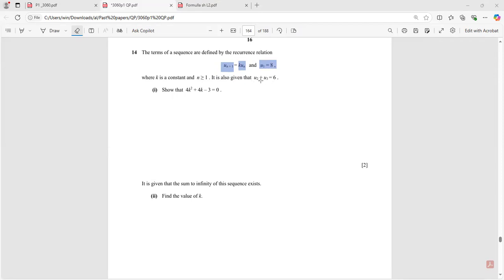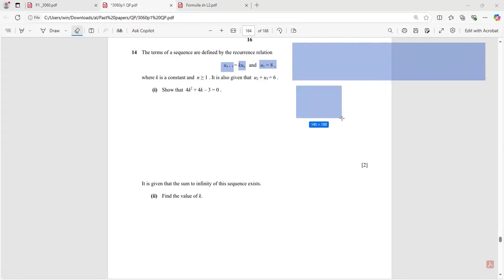First we get the value of u2, then the value of u3, then we merge them to show this. First one is u2.